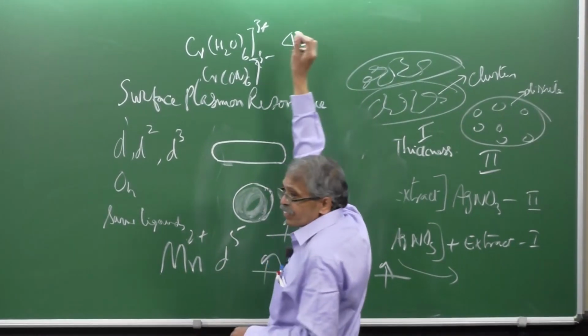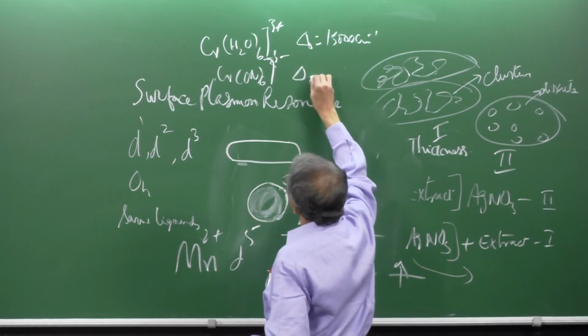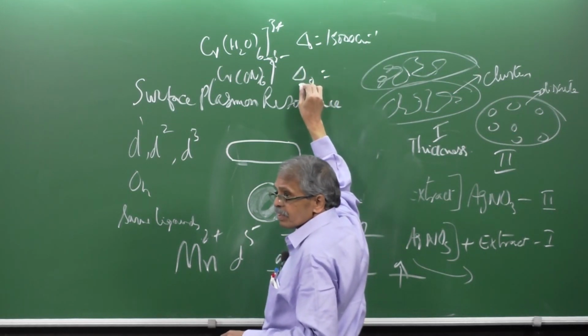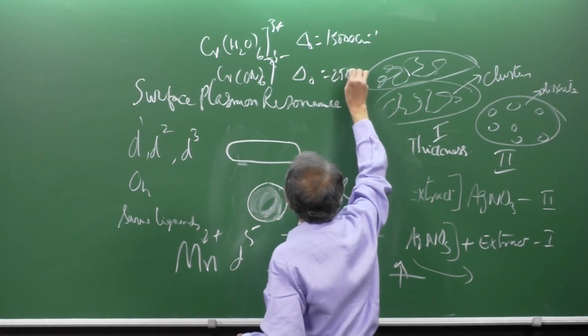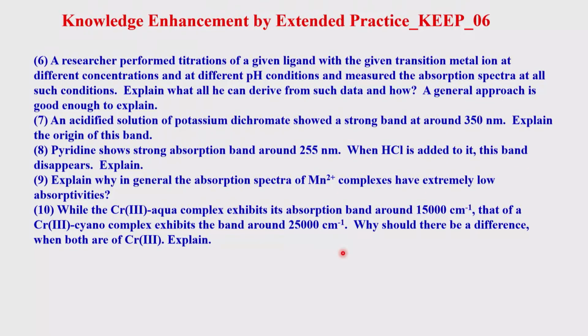Delta O is 15,000 centimeter inverse for one, and 25,000 centimeter inverse for the other. So you have a huge gap in the case of the cyano complex, and we know the cyanide ligand is a strong field ligand which will split the energy difference much greater. So you can easily explain the difference from the ligand field strength.